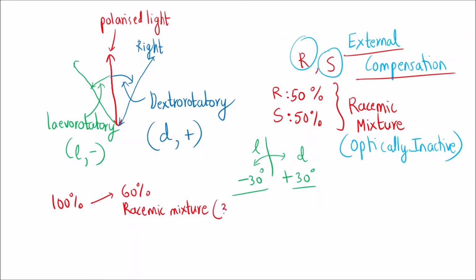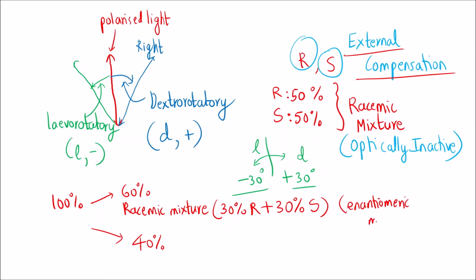Racemic mixture means there will be 30% of one enantiomer, let's say R, and 30% of the other enantiomer, that is S, and the remaining 40%, as you can see, is the enantiomeric mixture, and the rest 40% will be pure isomer.